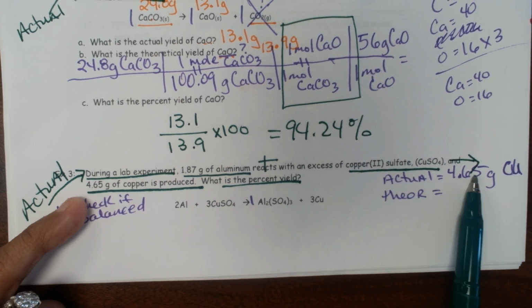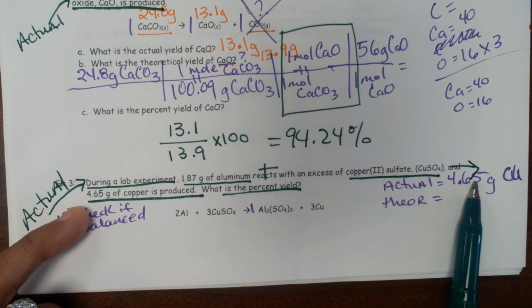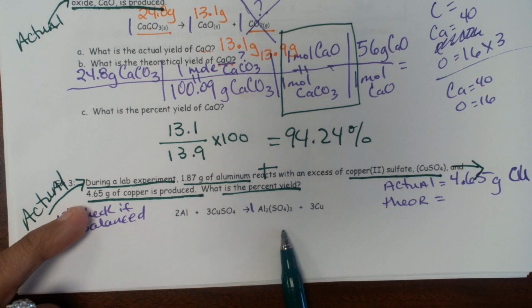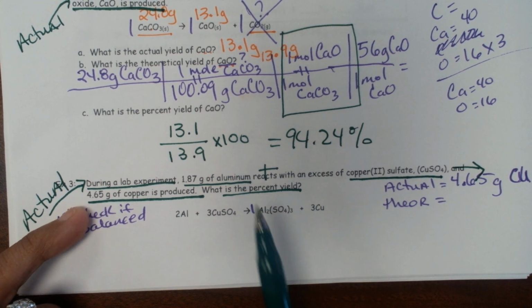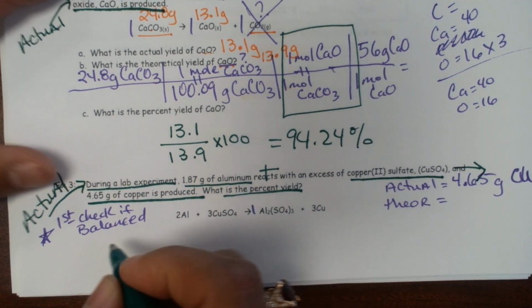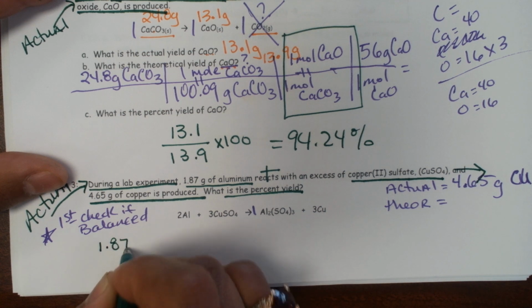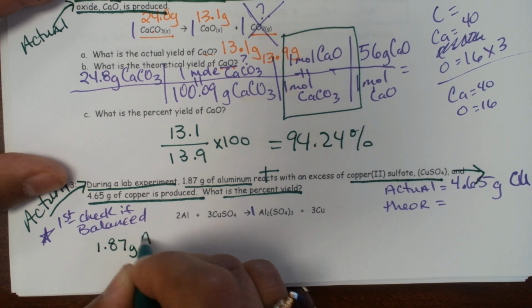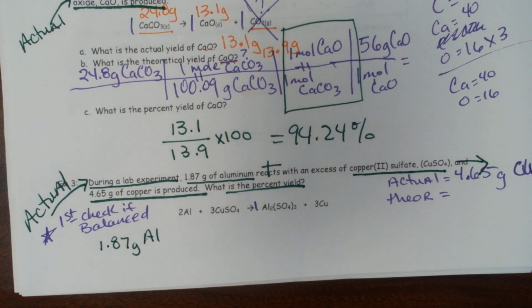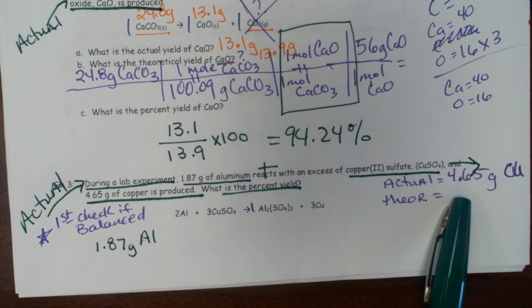No, because it's my actual number. I'm going to have to go with this other number, which is 1.87 grams of aluminum. That's the number I have to use. I cannot use the other number that's in my equation.